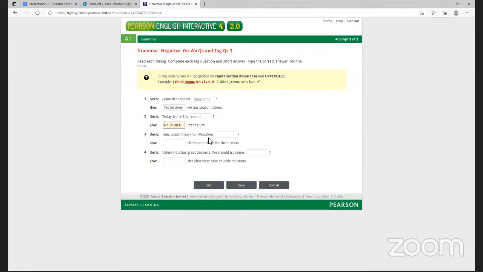Then there was a word for, so here I can. Talia doesn't work for the news line. Doesn't, does he, does she?